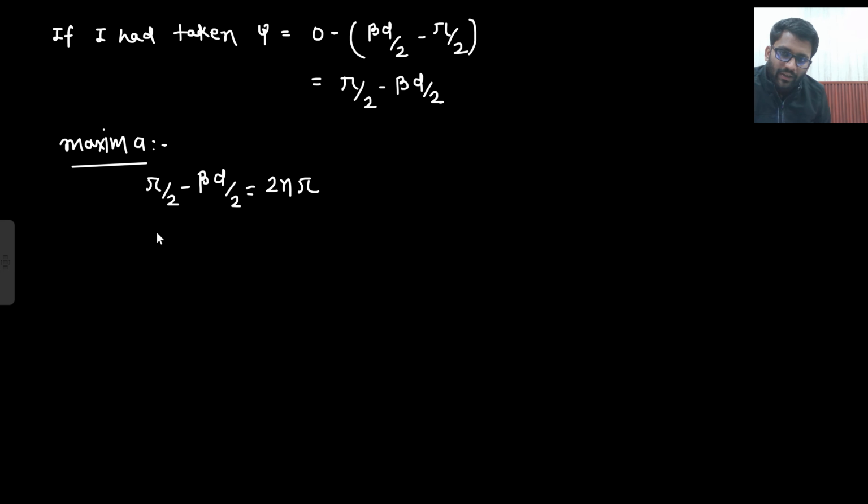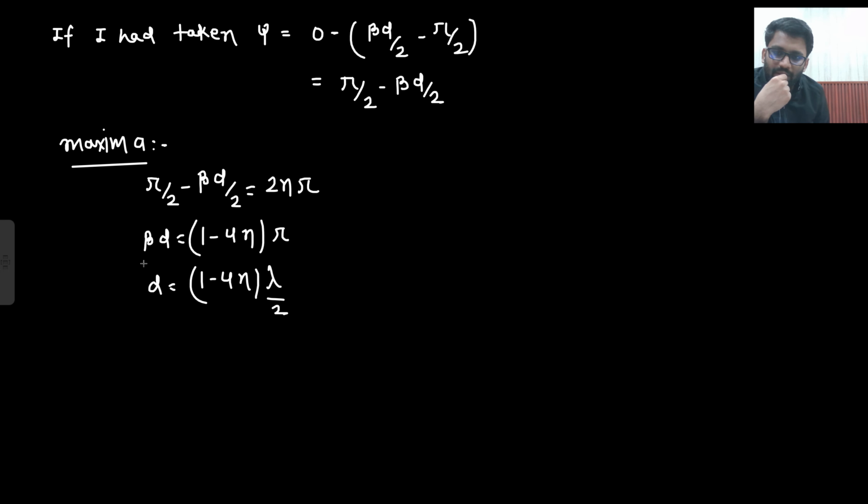So from here what are we getting? Beta d is equals to 1 minus 4n pi, right? So d will be equals to 1 minus 4n lambda by 2. Okay.